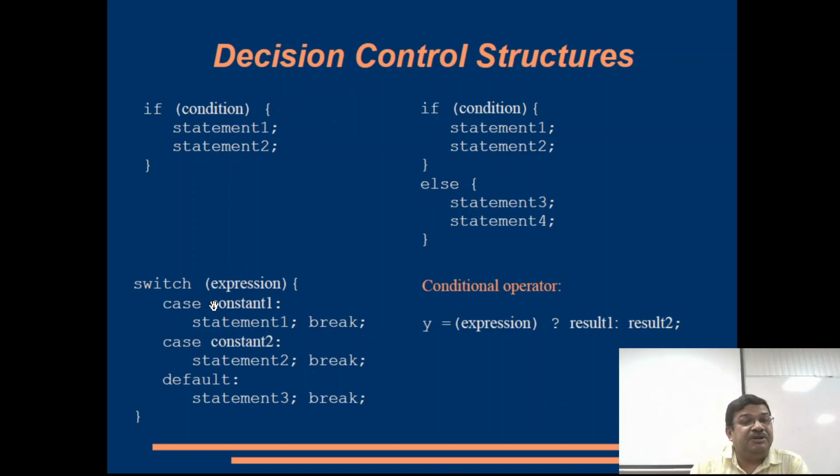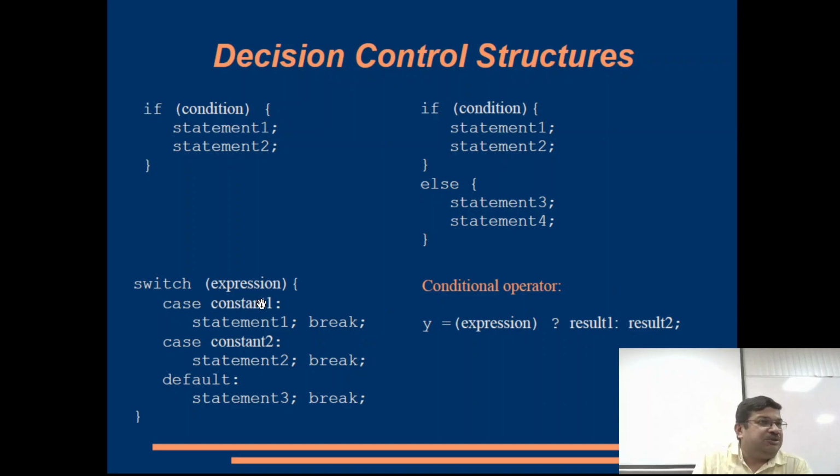Default comes in if you have these two listed outcomes, right? So if this expression, then what is the result of this expression? You list out certain discrete possibilities that this expression will evaluate to. If this expression evaluates to some constant value, then execute this. If it evaluates to this, it executes this. If none of these is met, then what to do?